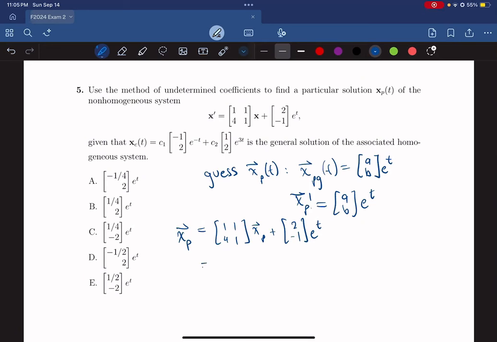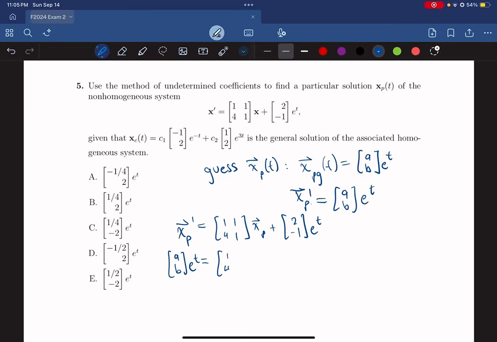And so this should have a prime on it. So now we're just going to substitute the appropriate equations in. So our xp prime just happens to be the same as our xp in this case.